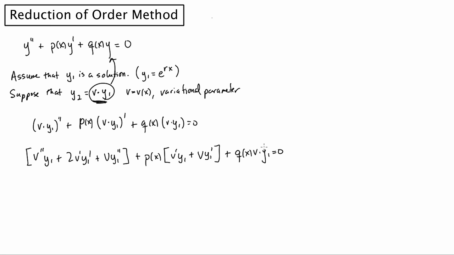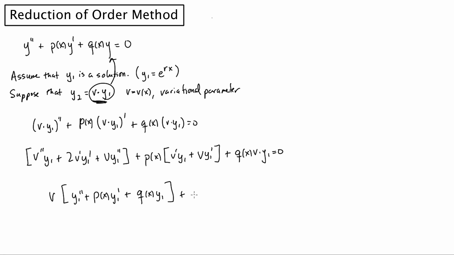Now, I want to rearrange things slightly, and I think you'll see my reason. I want to look at everything that involves a v. I have v times y1 double prime plus p of x y1 prime plus q of x y1. Those are all the terms that involve a v.